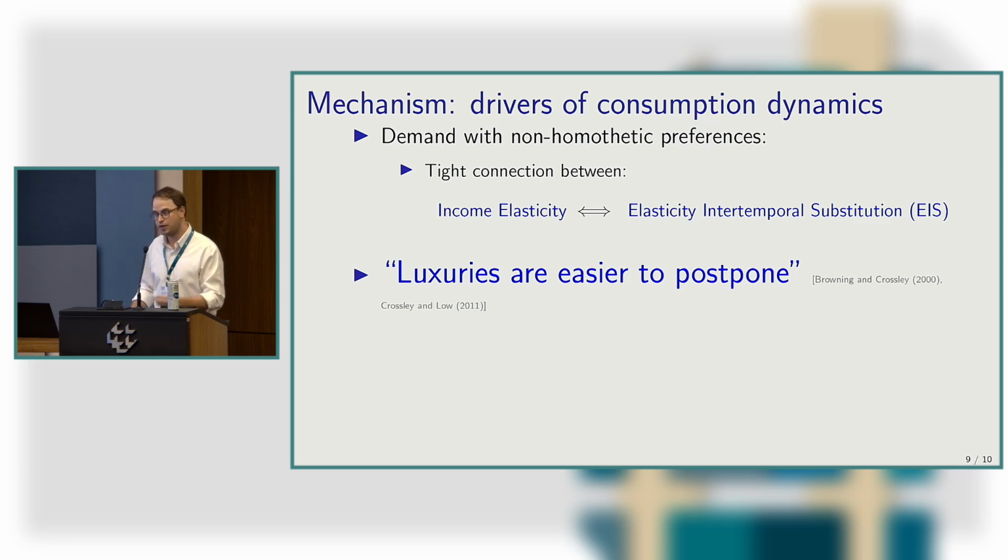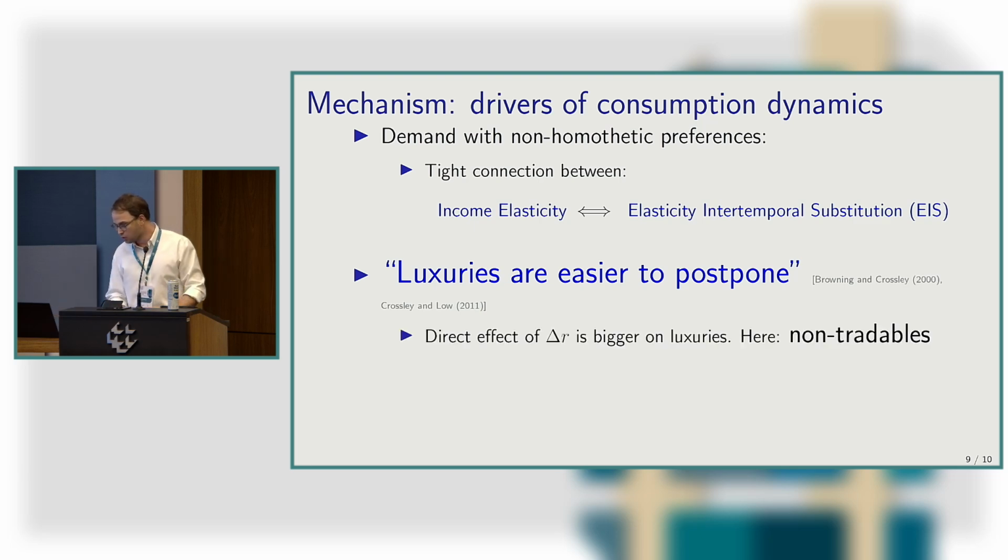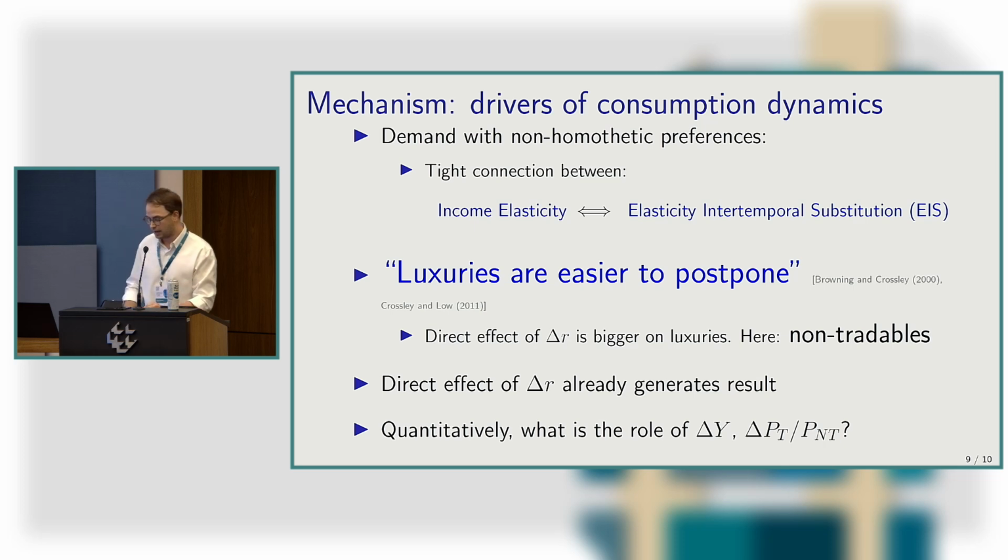So goods with a higher income elasticity are also goods that will have, in the model, a higher elasticity of intertemporal substitution. So the direct effect of a shock to interest rates is going to be bigger on luxuries. And here, luxuries are the non-tradables. Hence, the direct effect of this exogenous interest rate shock already would generate the expected result.